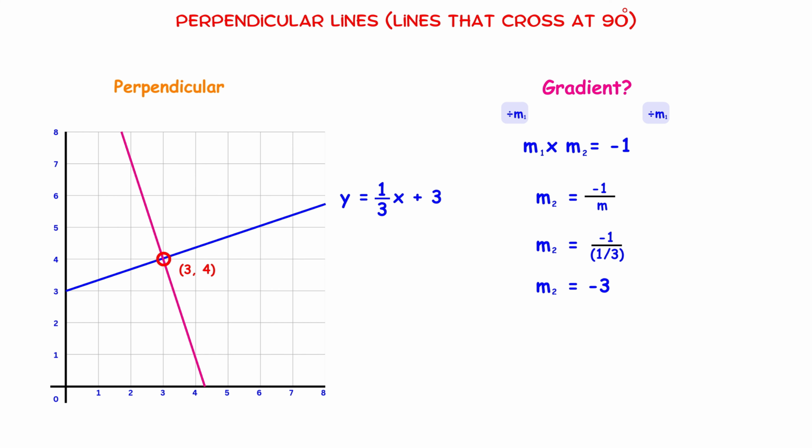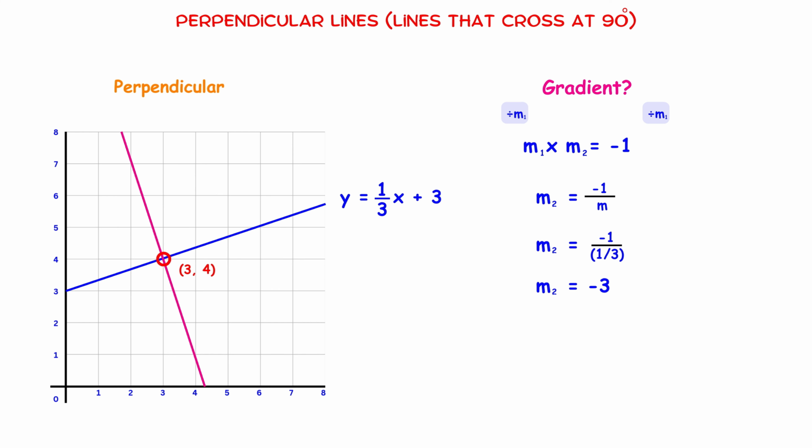So we're going to have to rearrange the equation first by dividing both sides by m1, so that we get m2 equals minus 1 over m1. Then in this case, because the gradient of our first line is 1/3, we know that m1 is 1/3, and so to find m2 we just do minus 1 over 1/3, which is minus 3. So the gradient of our perpendicular line is minus 3.